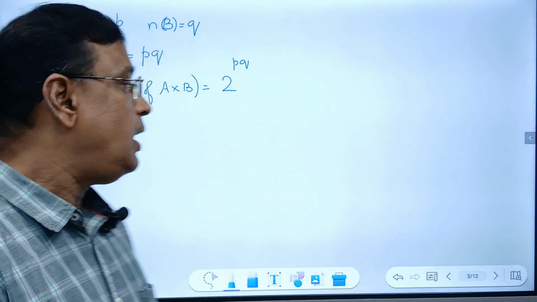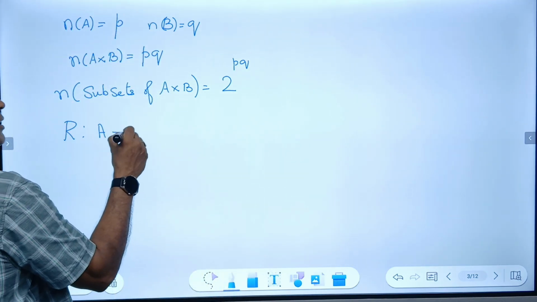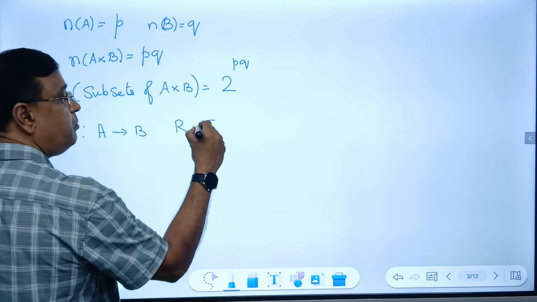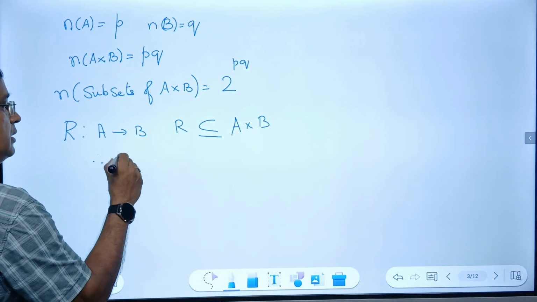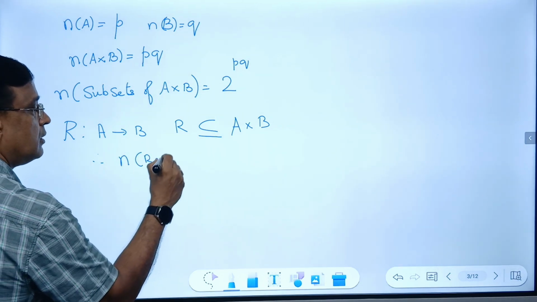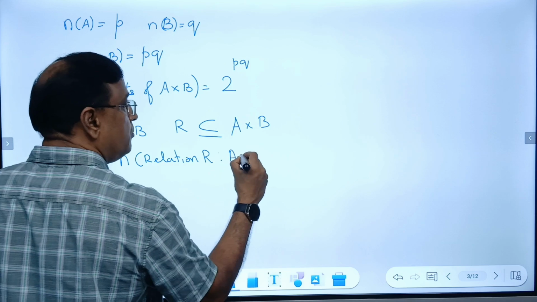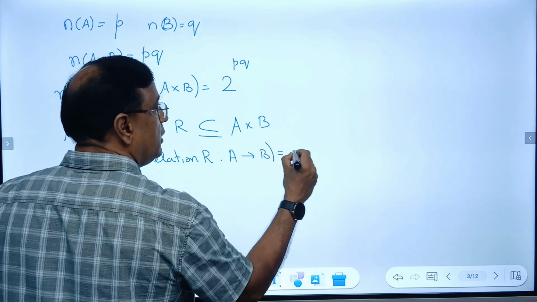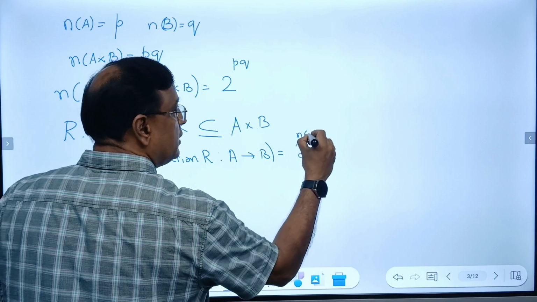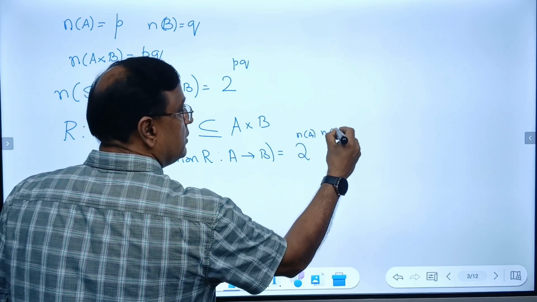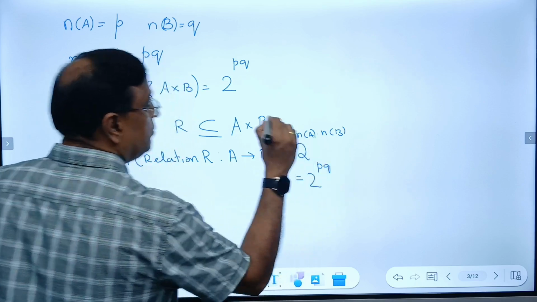And what is the relation? A relation R from A to B is any one of the possible subsets of A cross B. Correct? Therefore, the number of relations R from A to B will be 2 to the power of the number of elements in A into the number of elements in B. In this case, it is 2 power PQ.